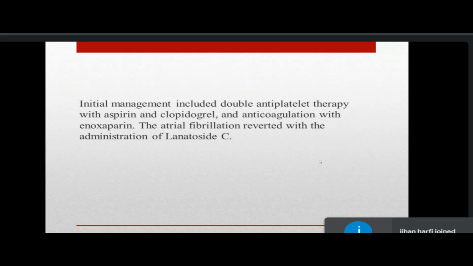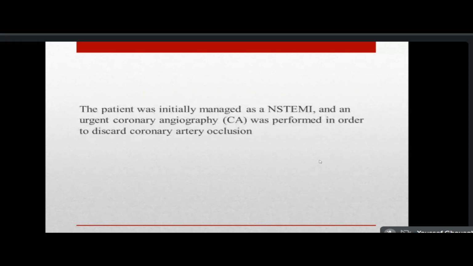Most of you answered that correctly, but what you forgot is that we have in this case an atrial fibrillation, and the atrial fibrillation reverted with the administration of Lanatoside C. Lanatoside C is like digoxin, so it slows down the rhythm and slows down the atrial fibrillation. Sorry. So the correct answers are A, B, C, and D.